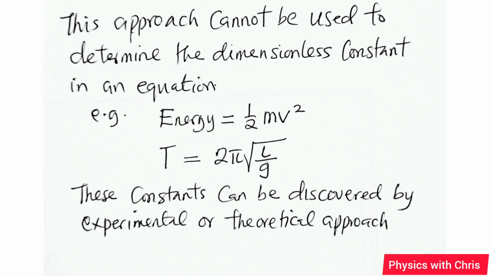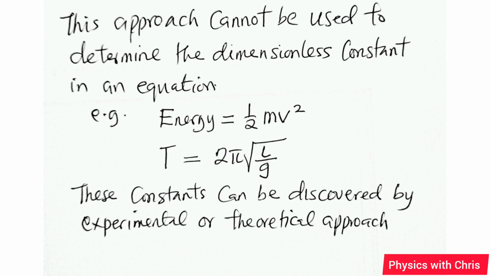The same thing applies to the period of a simple pendulum. The period is given by 2 pi square root of L over g. Dimensional analysis will help you to establish that the period is proportional to the square root of length over g, but that cannot help you find the value of 2 pi.